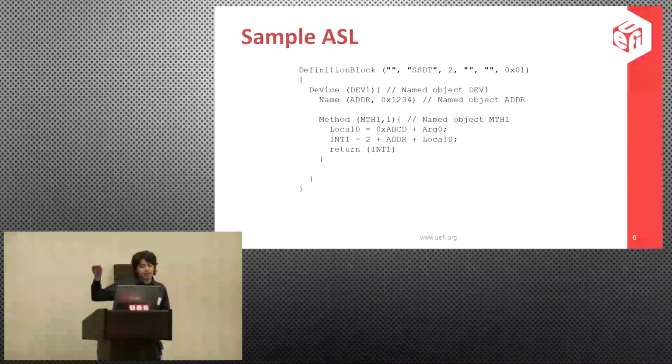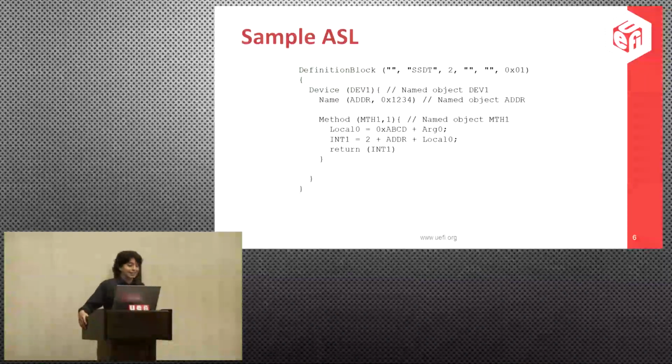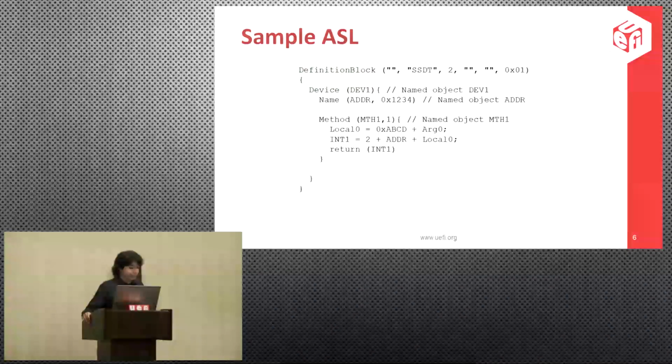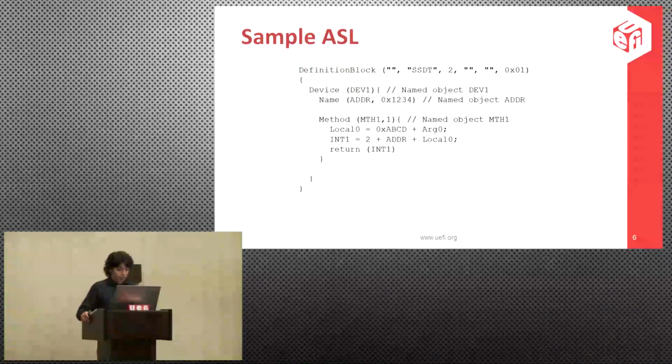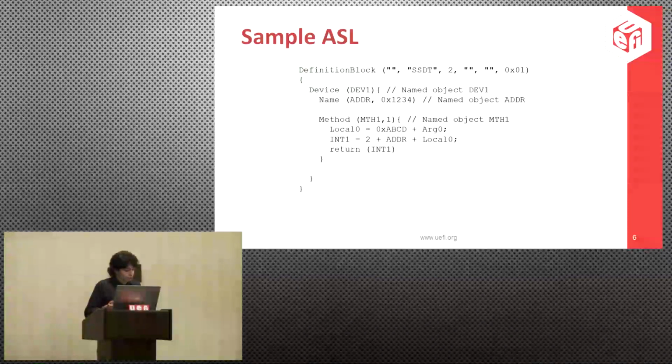For example, in this code snippet, there is a device object called dev1, as well as an integer object called ADDR and a method called mth1 that takes one parameter, and it does some math and returns an integer value called int1.